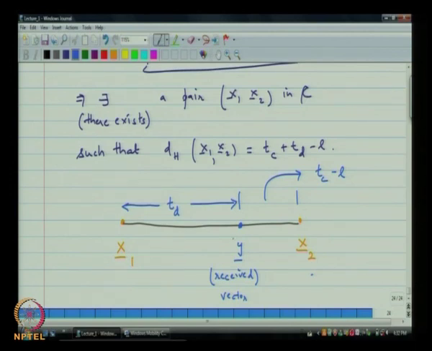It has to either declare that there is an error and correct it, or declare an uncorrectable error. Now, because the distance from x2 to y is t sub c minus L, which is less than or equal to t sub c, it is possible that y was the result of x2 being transmitted. So, to take care of that case, the decoder, given that y was the received vector, should have decoded to x2. But similarly, it is perfectly possible that x1 was the transmitted vector and there were t sub d errors.